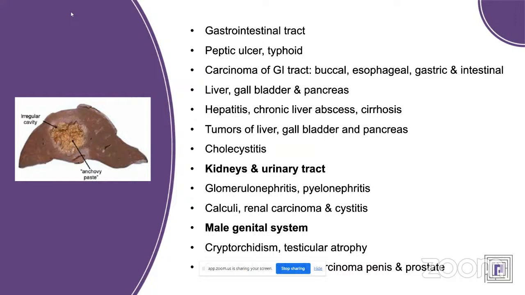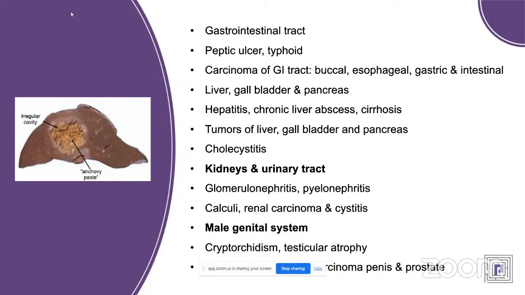And next, the hepatobiliary system: liver, gallbladder, and pancreas. All these are discussed with the headings of hepatitis, chronic liver abscess, cirrhosis. Next, tumors of all these three: liver, gallbladder, and pancreas. And the most common condition of the gallbladder, cholecystitis, is also discussed.